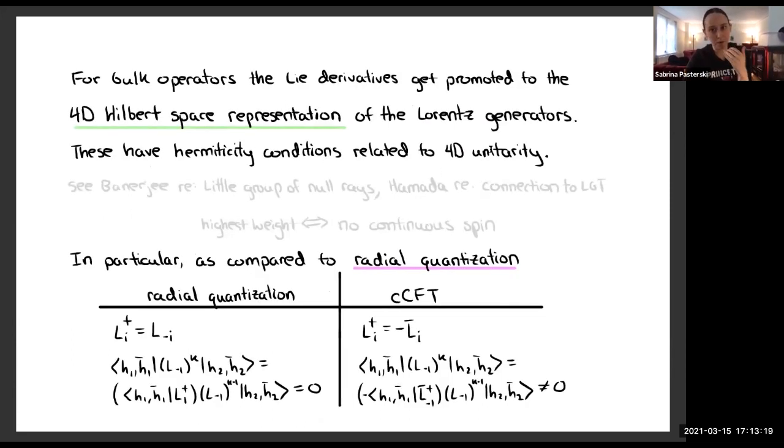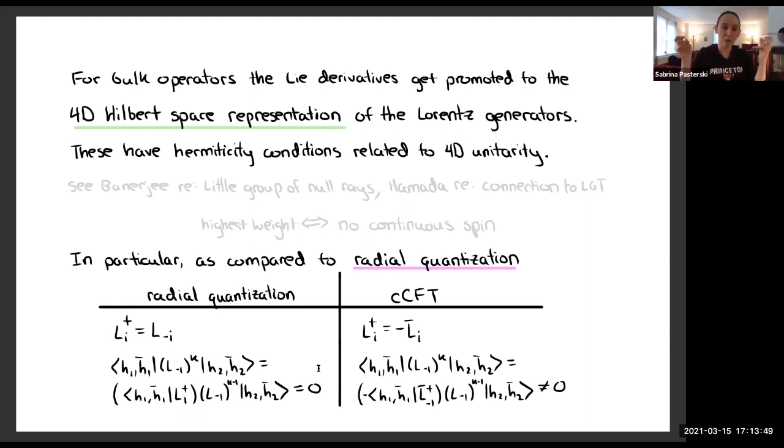What you have now is a statement about what you expect for the representations of SL2C in the celestial CFT. If I were in radial quantization, then the Hermitian conjugation would give me L with the negative index, so L plus 1 turns into L minus 1. But given the 4D Hilbert space Lorentz generators and how they're represented, you end up getting L's going to L bars with the same index.